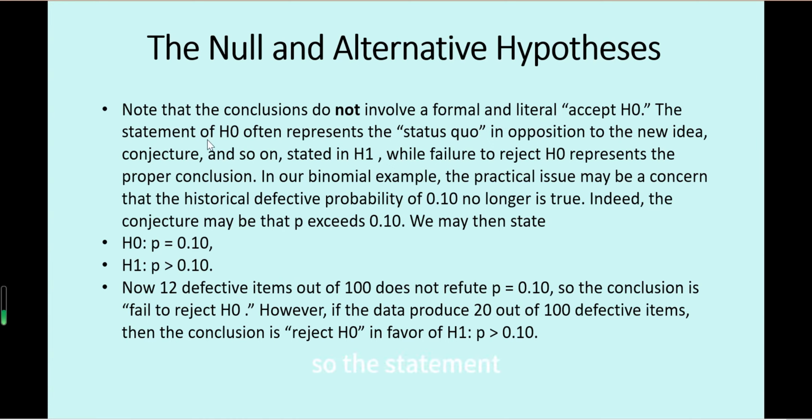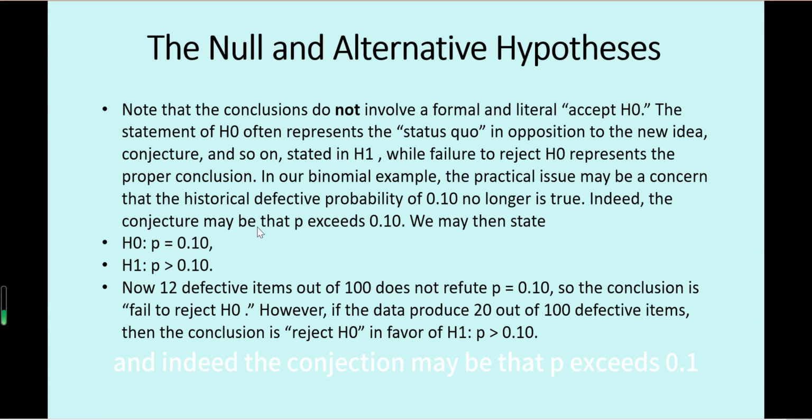The statement of H0 often represents the status quo in opposition to the new data or conjecture, which is stated in H1. While failure to reject H0 represents the proper conclusion in our binomial example, the practical concern may be that the historical defective probability of 0.1 is no longer true.